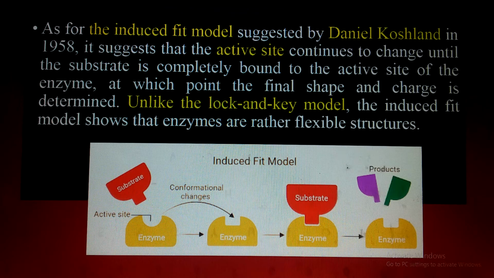How does covalent catalysis occur? So this is about the lock and key model concept and also about the induced fit model. Now I hope the difference and the concept related to the induced fit model as well as the lock and key model will be clear to you people.